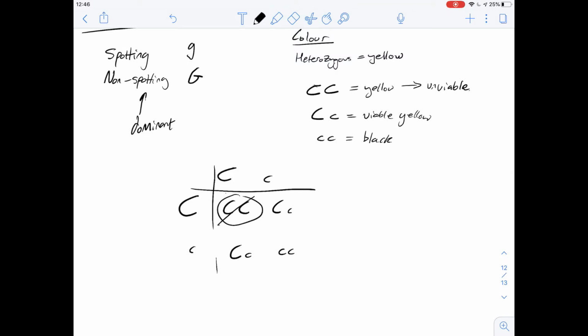This is our unviable one, so we want to rule that one out initially, and that means that we've got two yellow and then one black offspring, and that gives us an answer of C then for number 24.